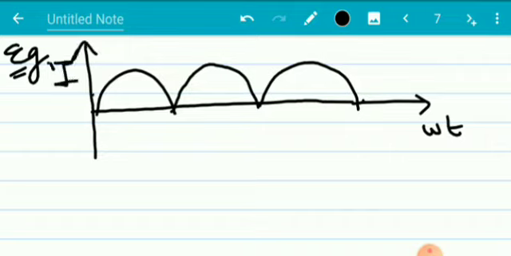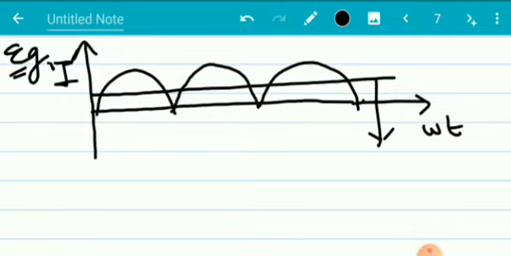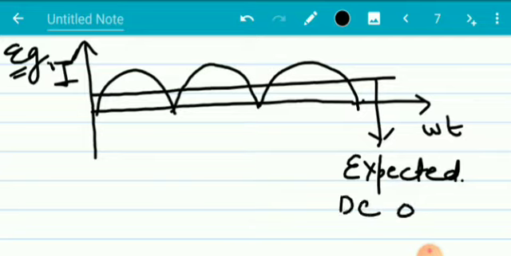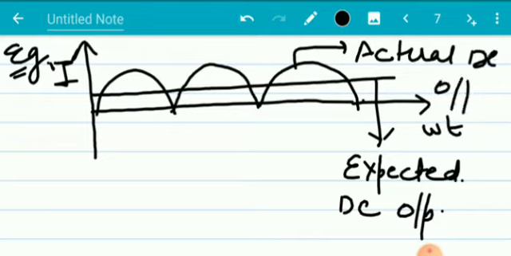This is the expected DC output, and this is the actual DC output.